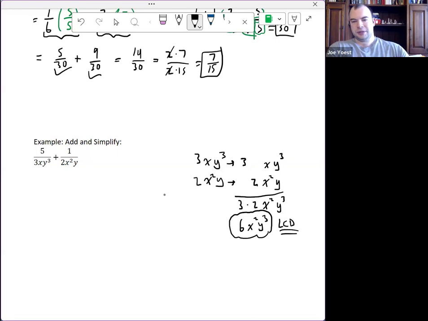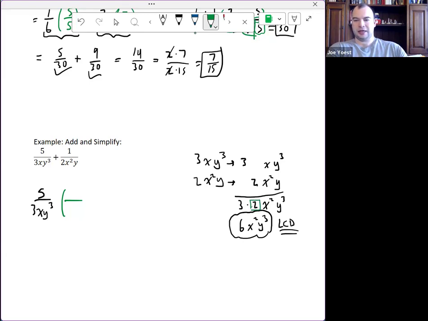Now let me take a look at my first expression, 5 over 3xy cubed. I can ask myself, what do I need to multiply 3xy cubed by to make 6x squared y cubed? Well, the 3 needs to multiply by 2.